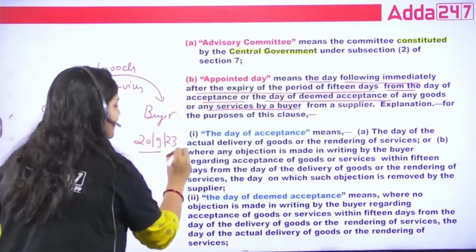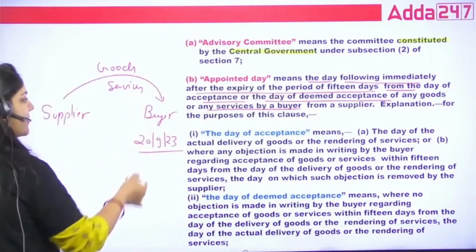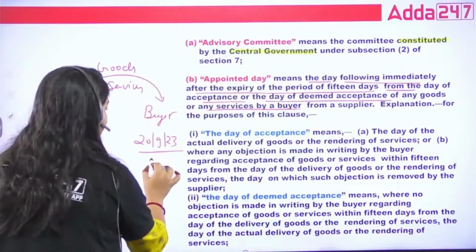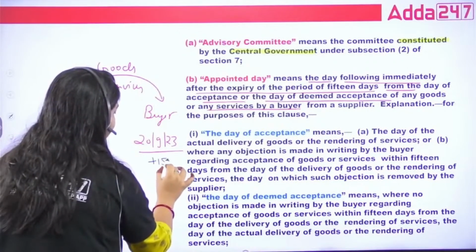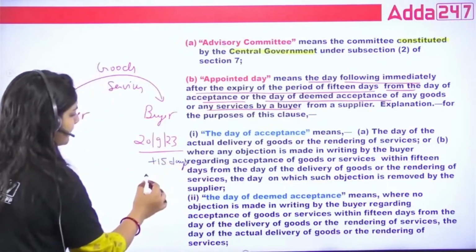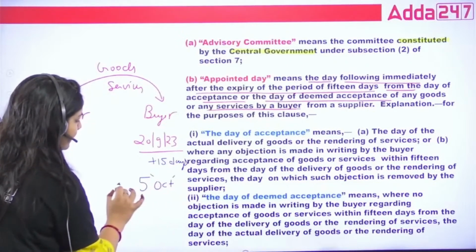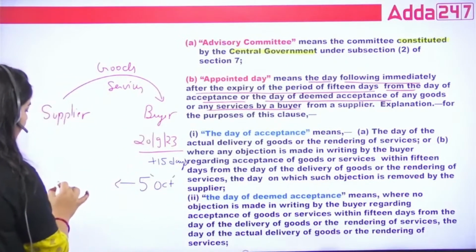So if the goods are accepted by the buyer, then after 15 days, that is 5 October. 5 October is what? Your appointed day.